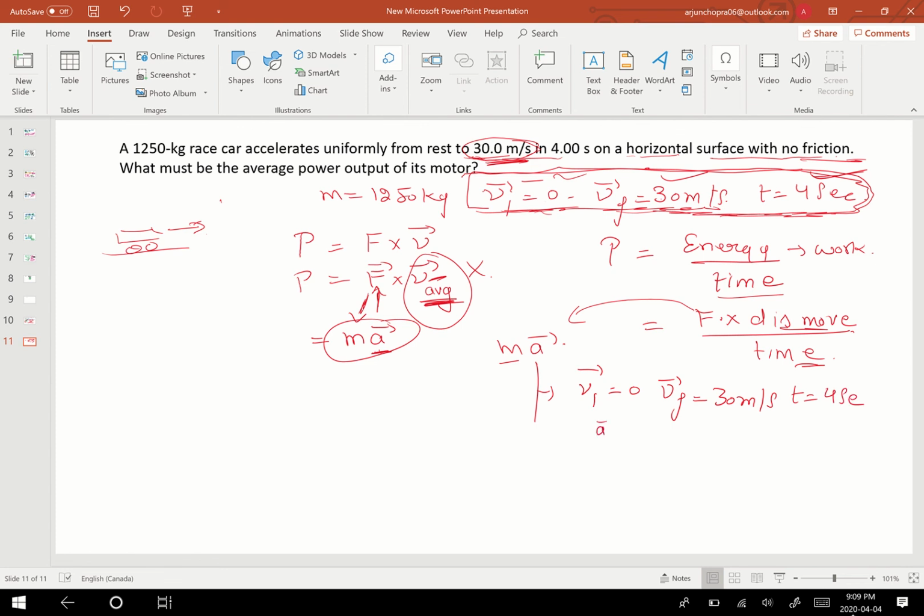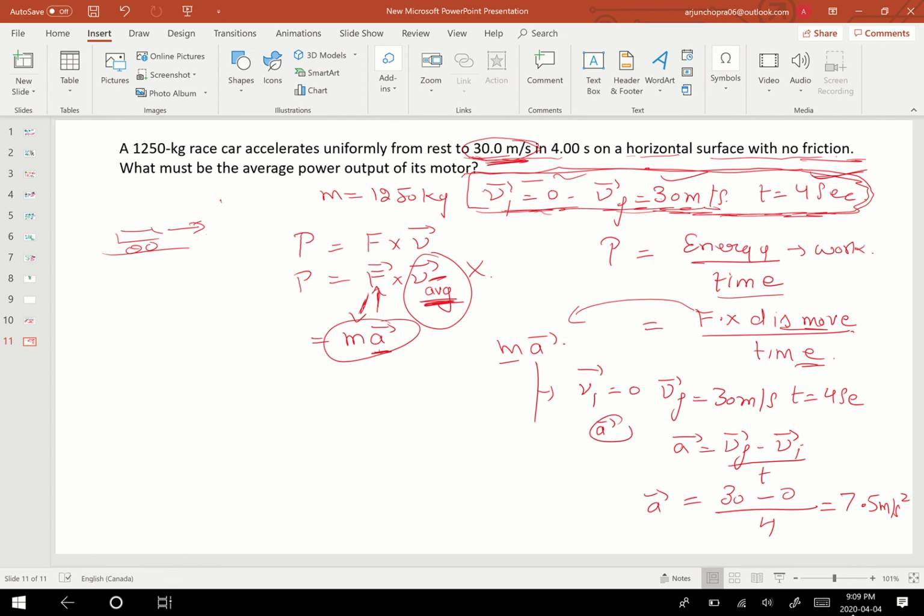I want to find the acceleration, so the acceleration formula is v final minus v initial divided by time. So this is 30 minus 0 divided by 4 seconds, and the acceleration comes out to be 7.5 meters per second square. So I figured out the acceleration value.